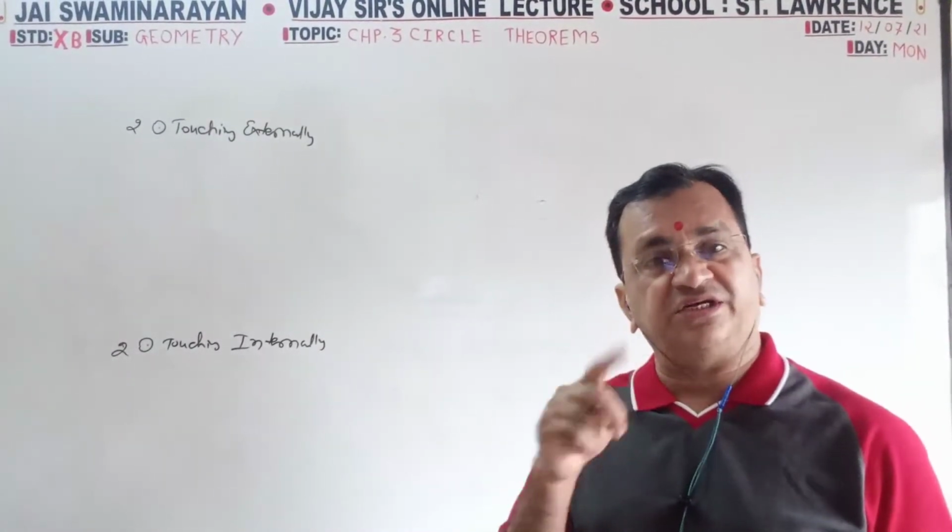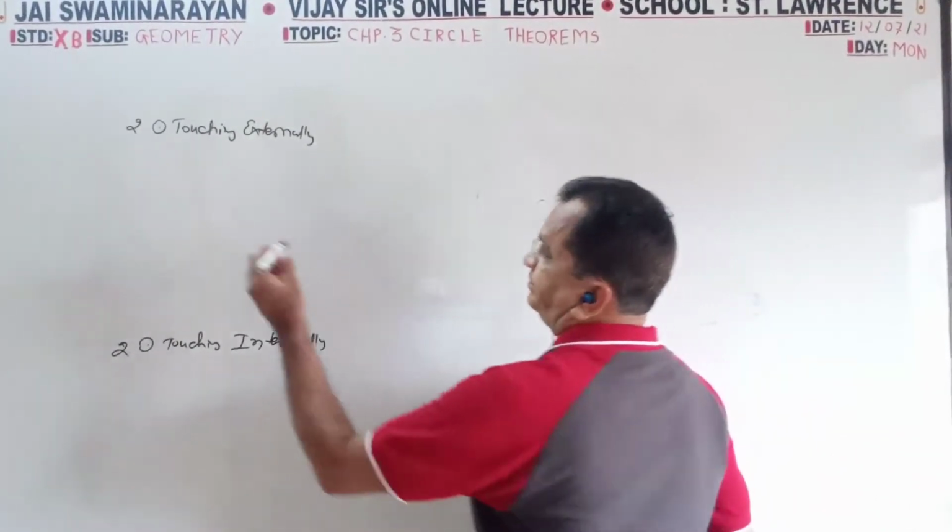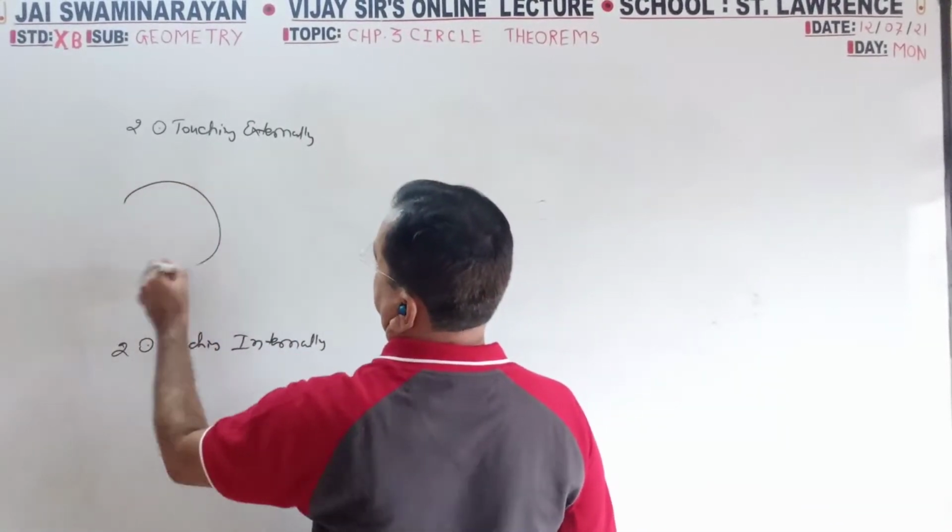Two circles touching externally means from outside they are touching.